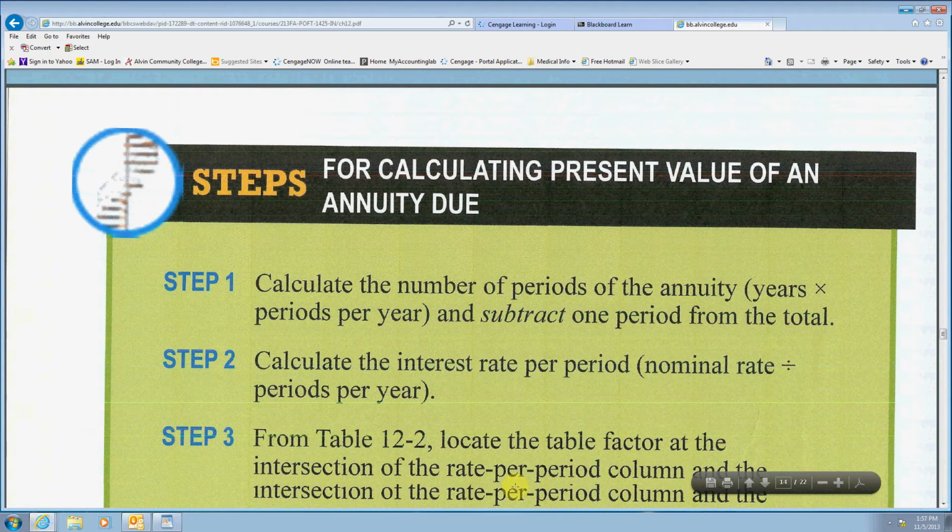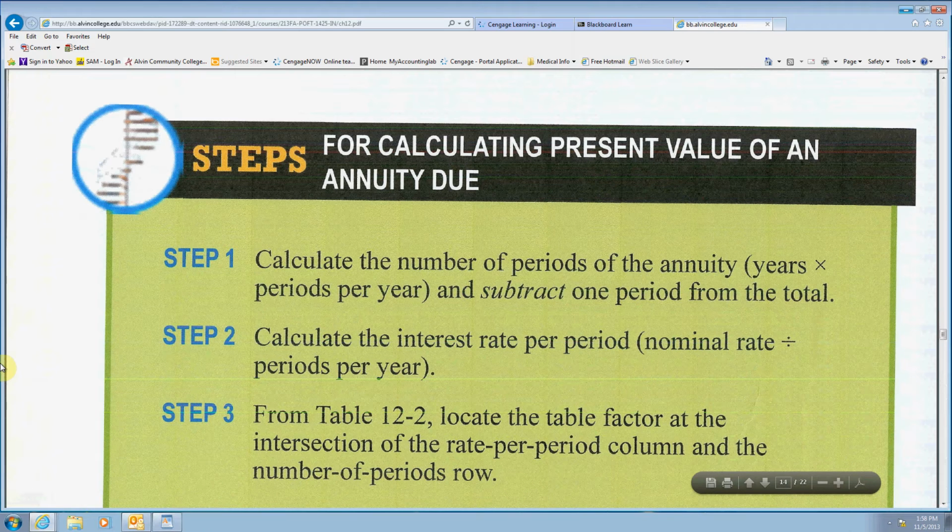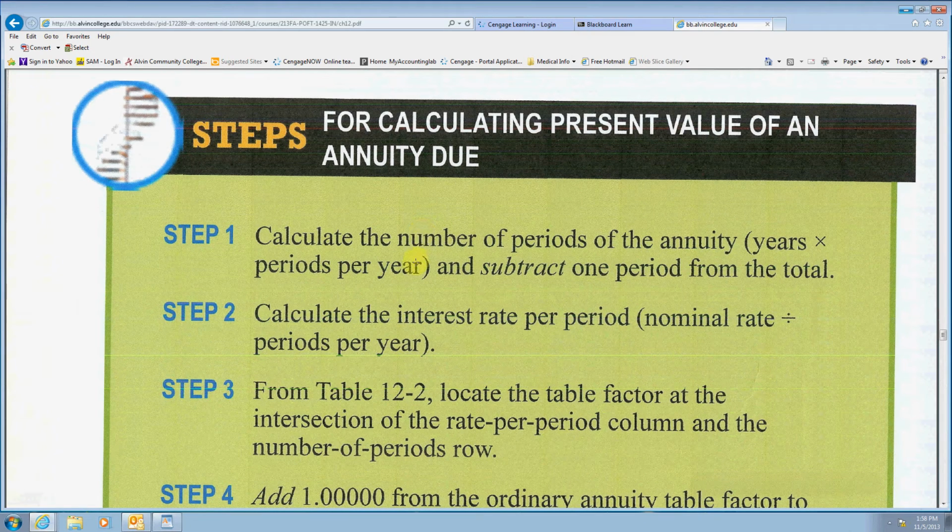We will still need to, I don't know why they swapped the steps here, because step 1 would be to calculate the interest rates, to be consistent. And then step 2, we calculate the number of periods of the annuity, and we subtract 1 period because we have to adjust the present value table, just like we did when we were working with the future value and doing an annuity due. Once we have these numbers, we can go to 12.2, and again we look for the intersection of steps 1 and 2, the periods and the percentage rate.